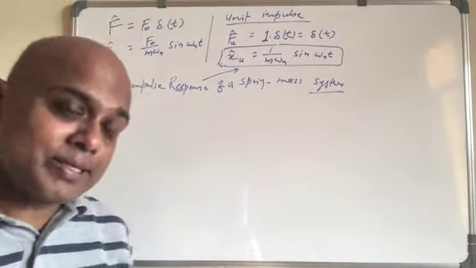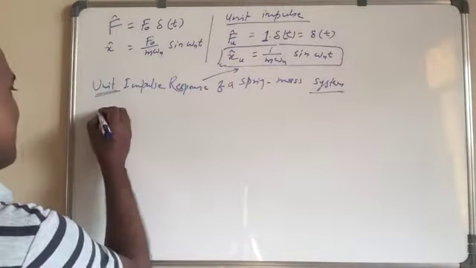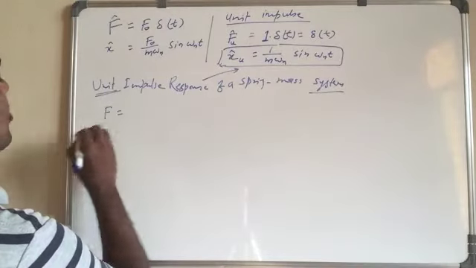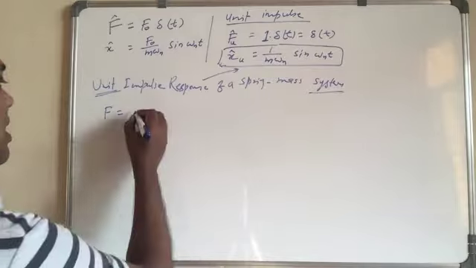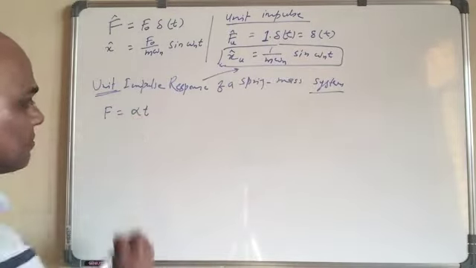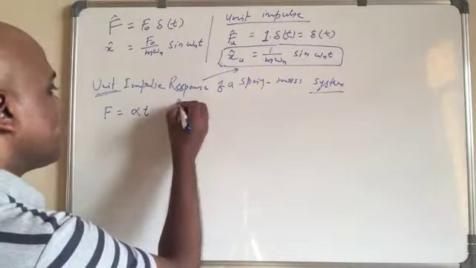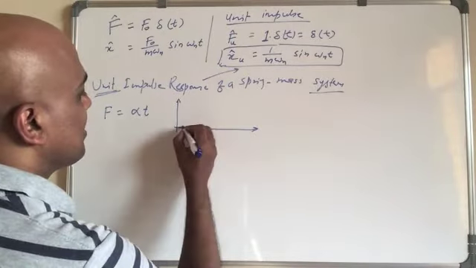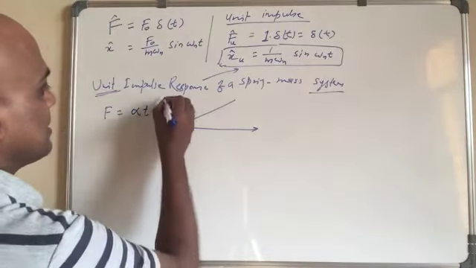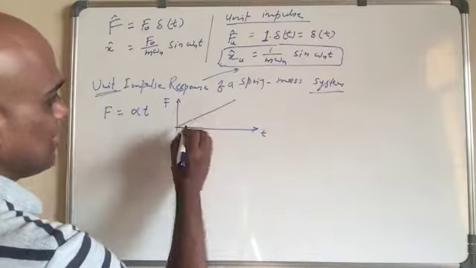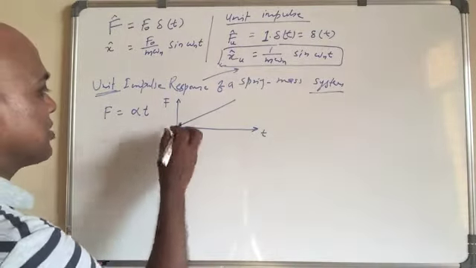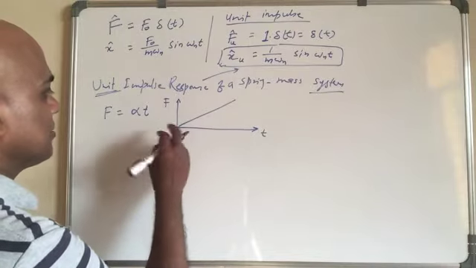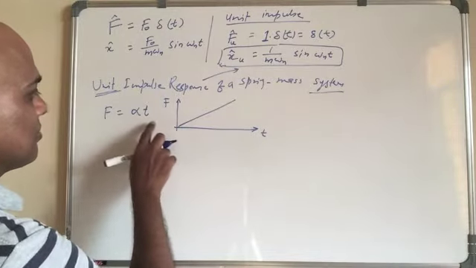So next is what we want. For us, force is given. Force equal to, let us say, force equal to alpha times t. Okay. What is the meaning of that? Means force is given like this, goes like this. This is F, this is T, and this is what the force is moving. We have the slope. Slope is angle, tan alpha.